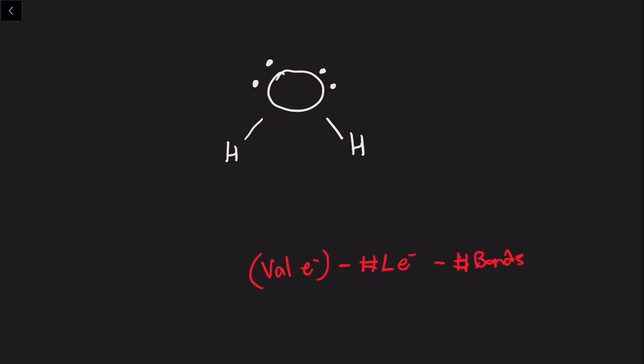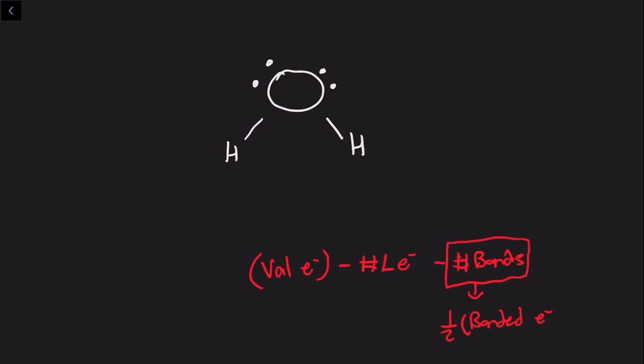So if we have a double bond, we would subtract 2 because there's 2 bonds attached to that atom. Sometimes you may also see this as being 1/2 the bonded electrons. That's simply saying that since there's 2 electrons to a bond, you would only do half of it, meaning you would only have 1. And that's the same as just the number of bonds. So we're going to go with this first definition.